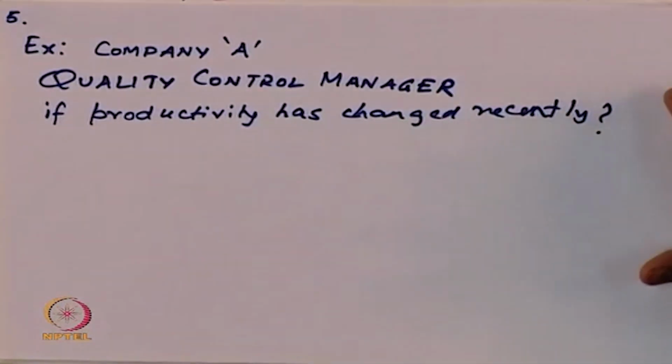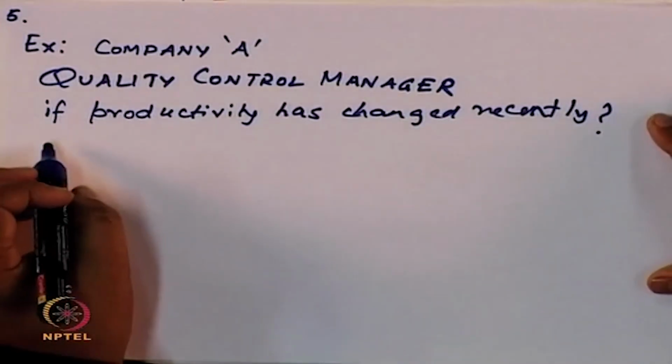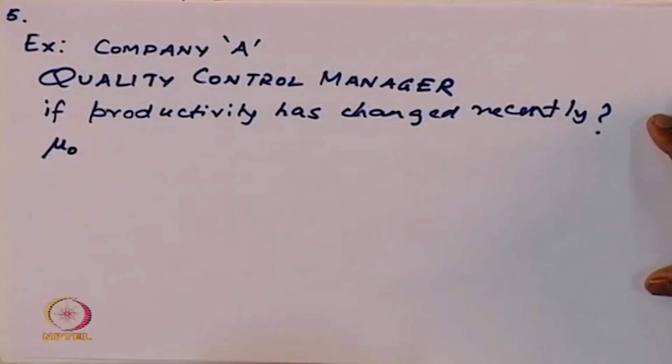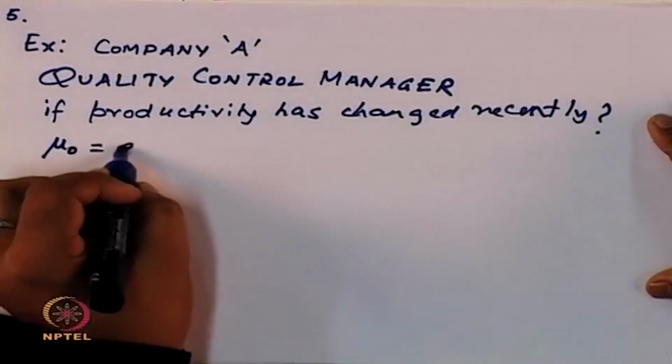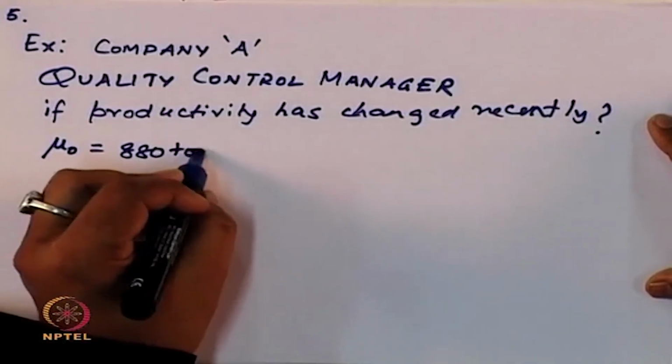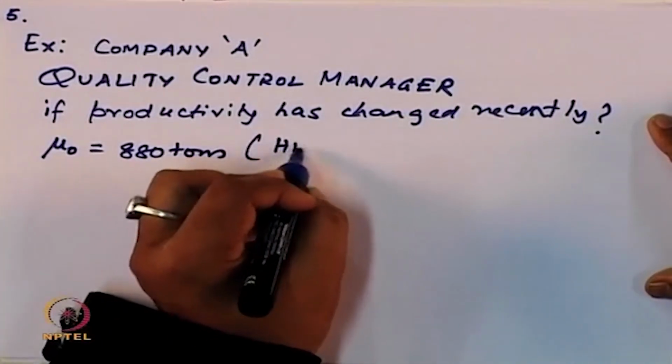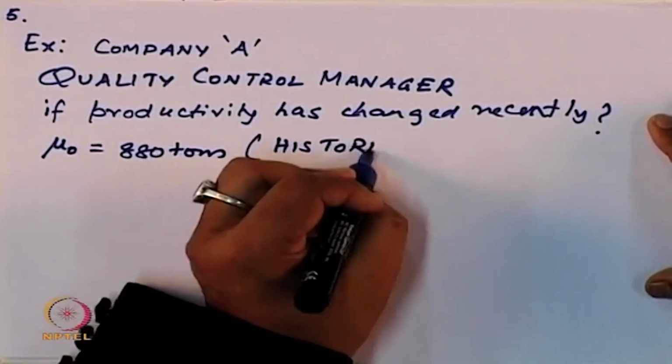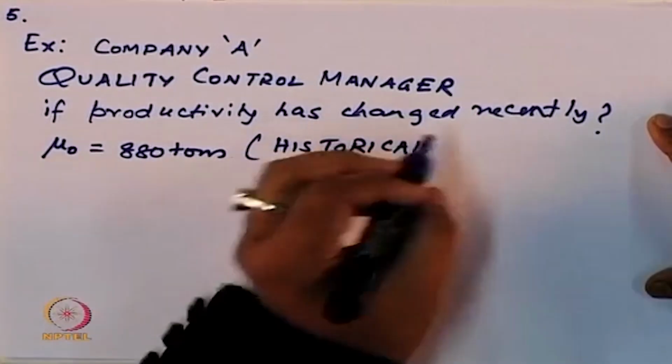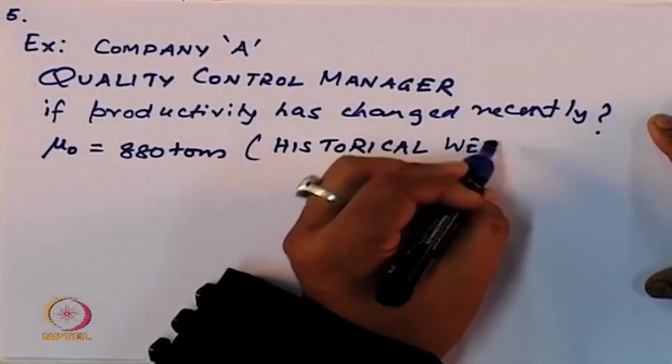What are you given? The average productivity, mu naught, is equal to 880 tons. This has been the historical weekly average.